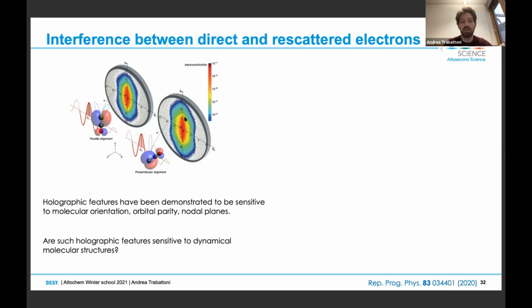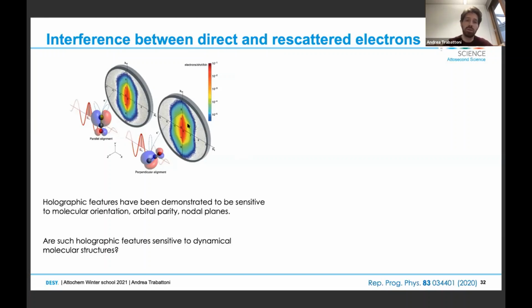And in this region, you don't have only direct electrons, but you also have the interference between direct electrons and rescattered electrons. And this interference is considered to be holographic features, where your direct electrons are the reference trajectory, and your rescattered one is your target trajectory. So that is the definition of a hologram.